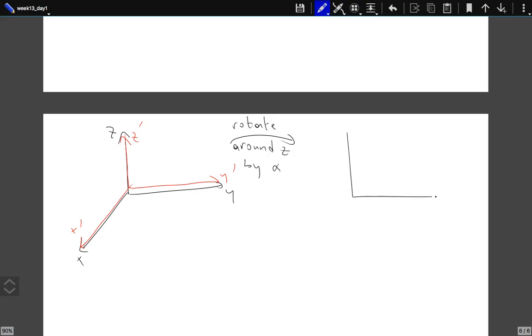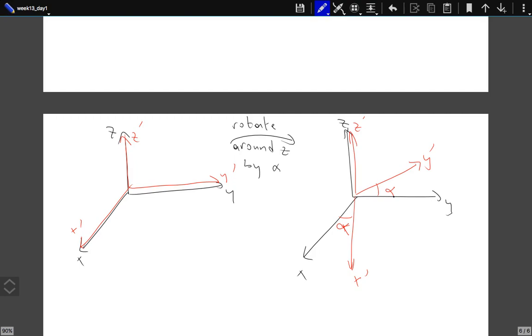So after rotation, you see this is my initial coordinates. Z prime is still in the direction of Z. My X prime now makes an angle alpha with X, and my Y prime makes an angle alpha with Y. I just rotated around the Z, so my XY axes just became these new two axes.